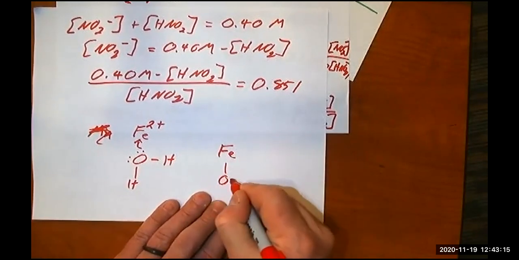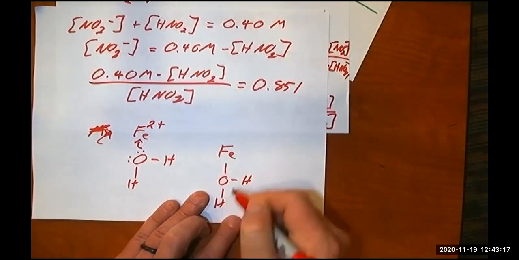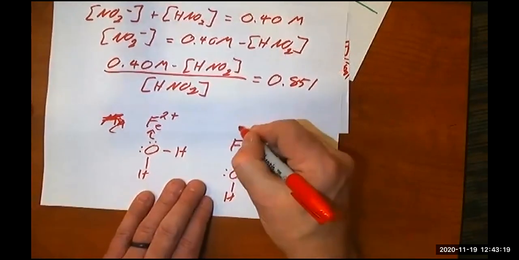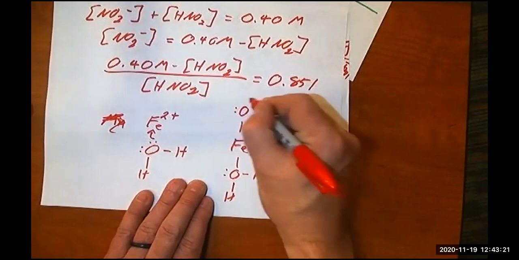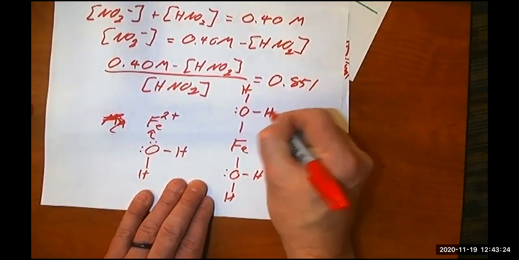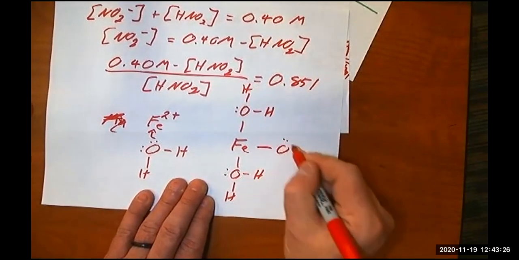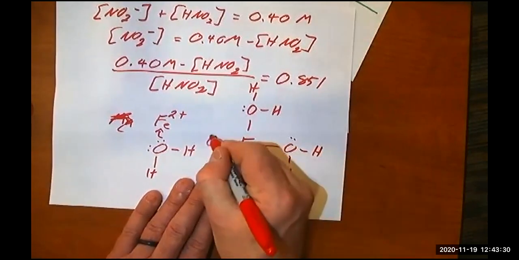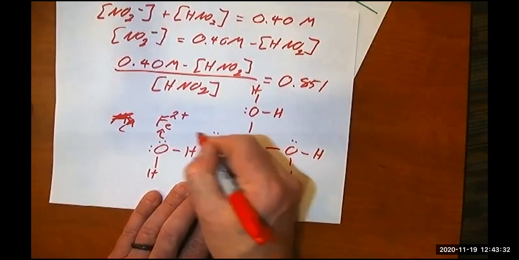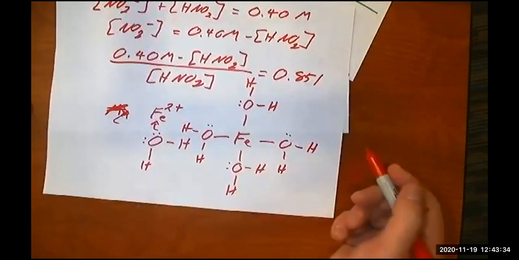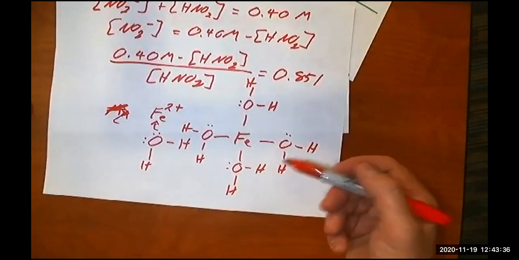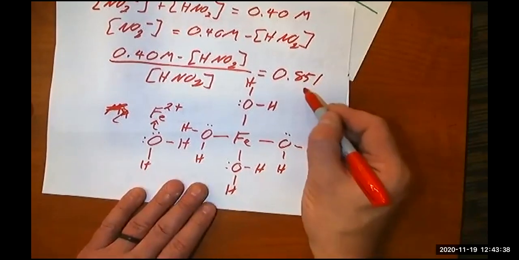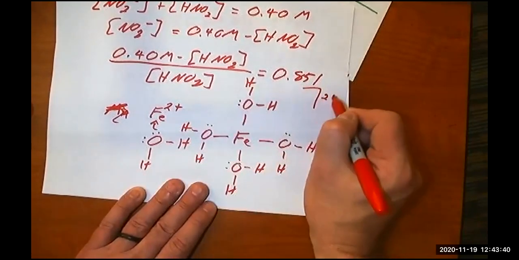And so we end up with a bunch of water molecules that are attached, like this, usually 4 or 6 of them. The whole thing is going to still have the 2+ charge.